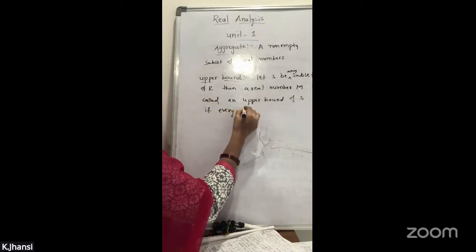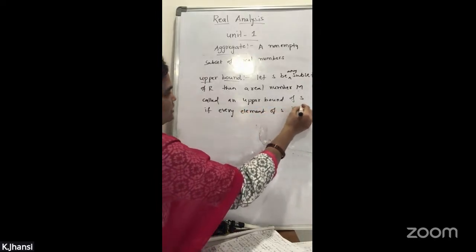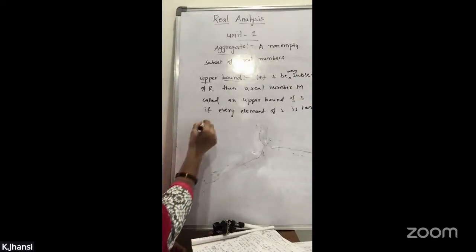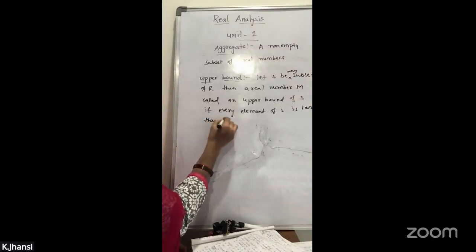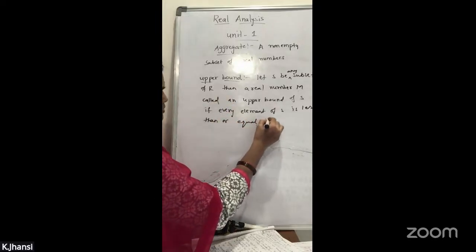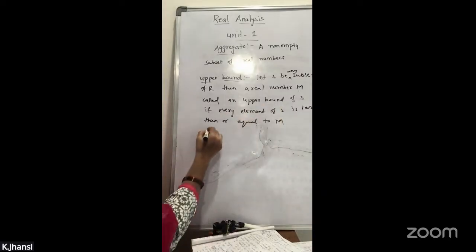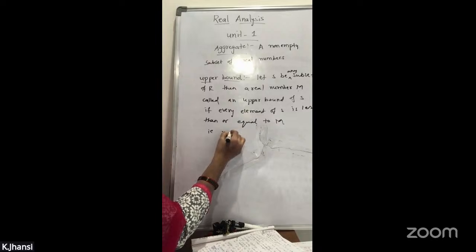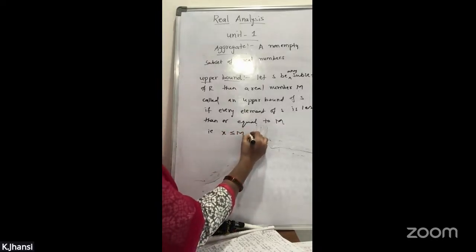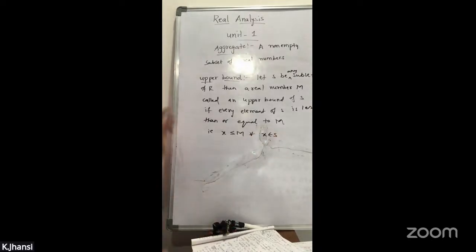if every element of S is less than or equal to M, that is, x is less than or equal to M for all x belonging to S. This is the definition of upper bound.